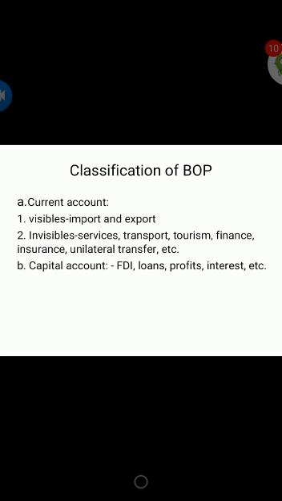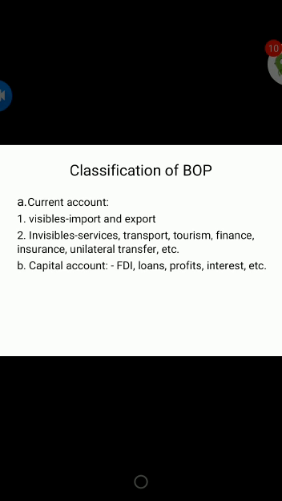So I repeat, BOP is classified into two: current account and capital account. In the current account, what happens? You record the transactions that are current, which means the balance of trade. The transactions relating to your imports and exports you record in the current account.